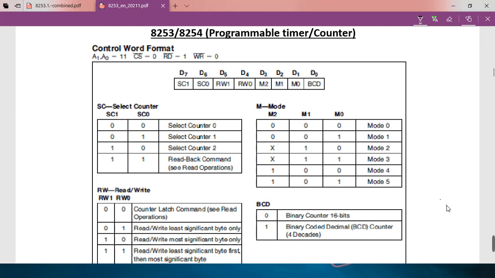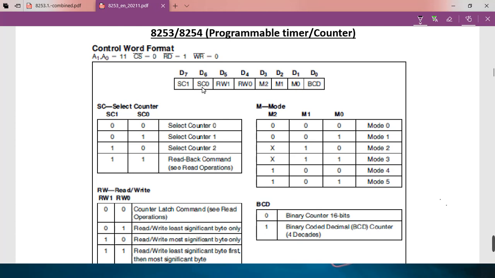So 8253 has an 8-bit control word register. These 8 bits are SC1, SC0, RW1, or we can say RL1, RL0, M2, M1, M0, BCD.